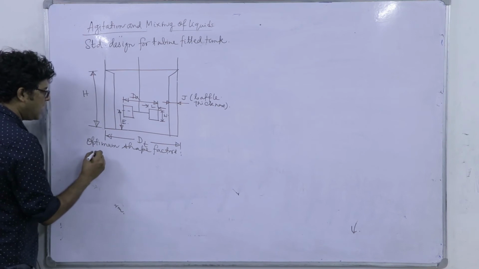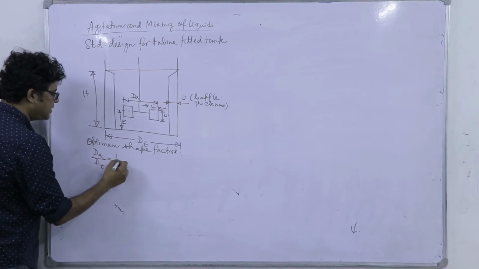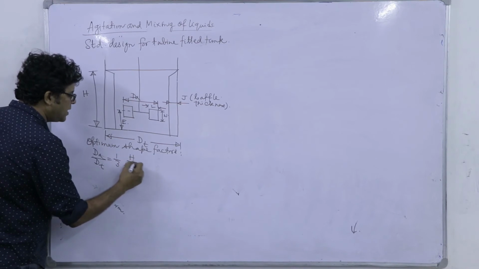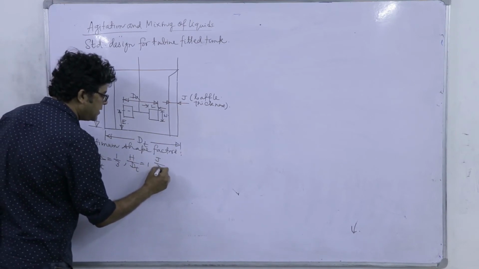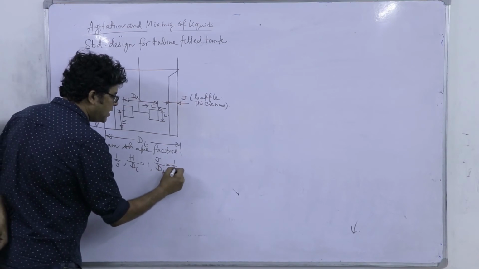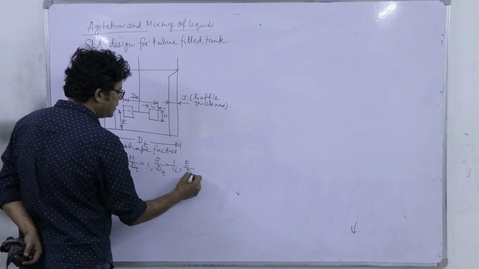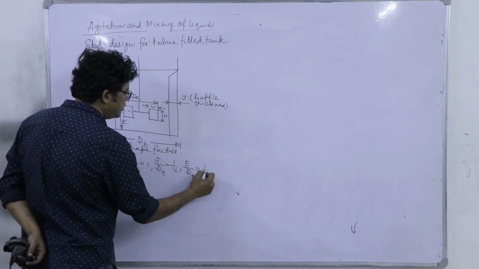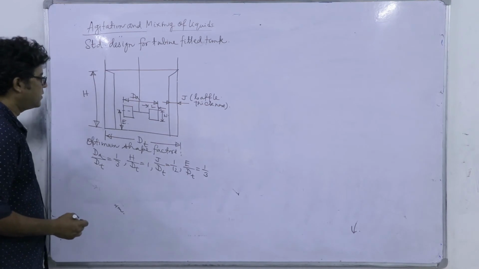So, here we have dA by dt is 1/3, h by dt is 1, j by dt is 1/12, right. E by dA, E by dt is also 1/3, right.